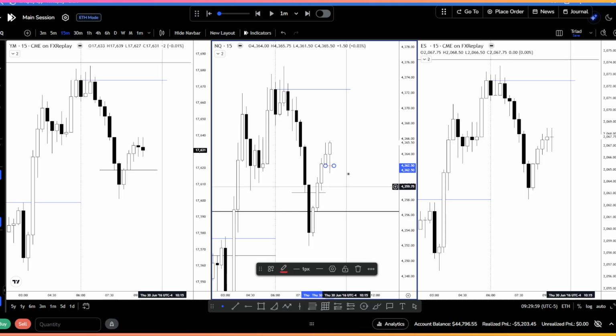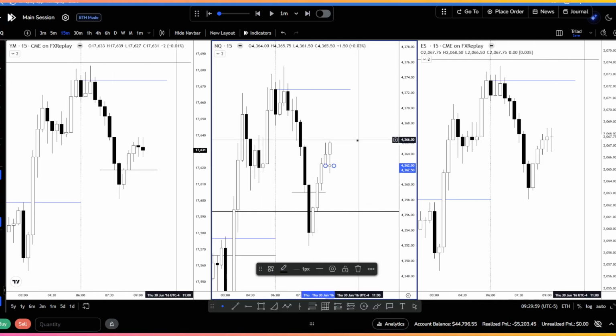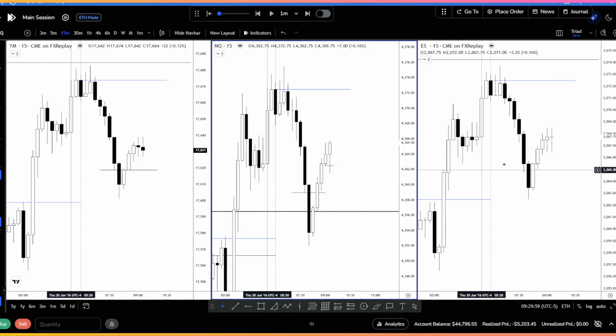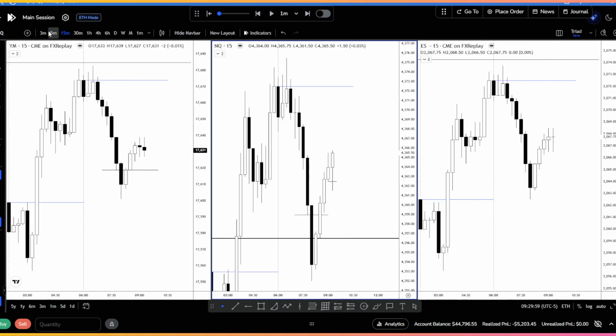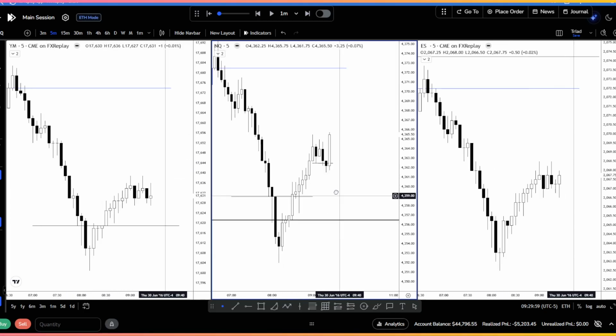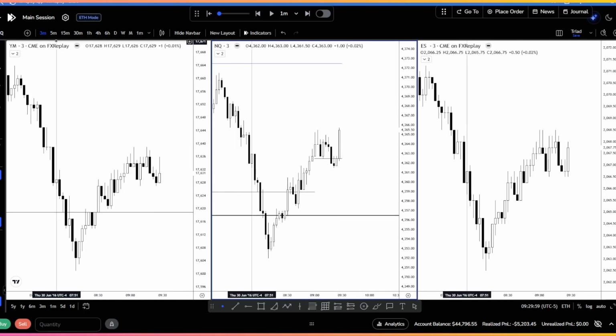Sorry, we have the C2 as well with the SMT, but I don't want to really mark the SMT because more or less we are going to sweep the previous candle's low. V-shape, really V-shape on 5 minute and 3 minute as well.